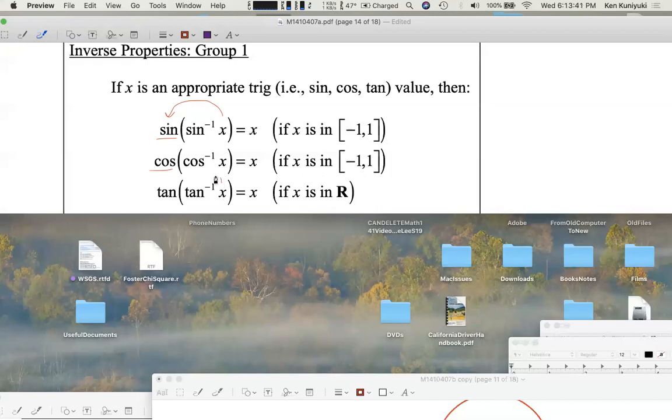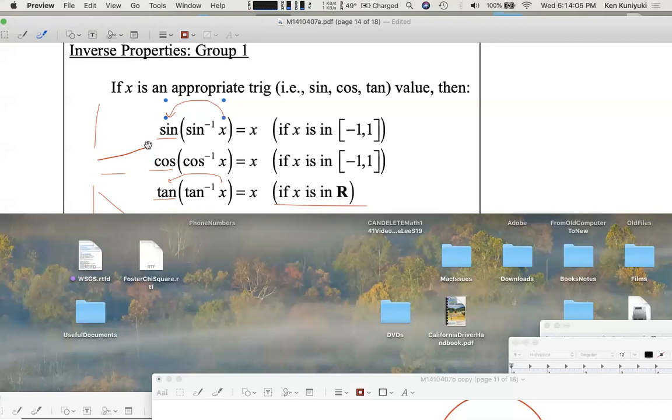When x here asks tangent, am I in your range? Tangent is very liberal. Tangent says, hey, every real number is in my range, because any real number can be a slope. Positive, negative, 0, a million, negative a million. The range for the tangent function is all real numbers.